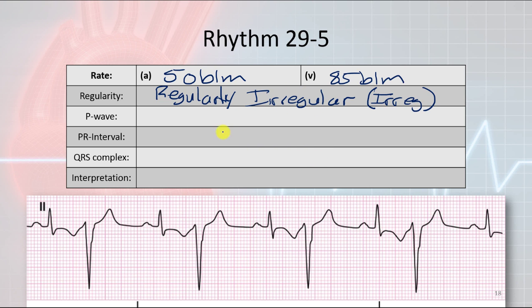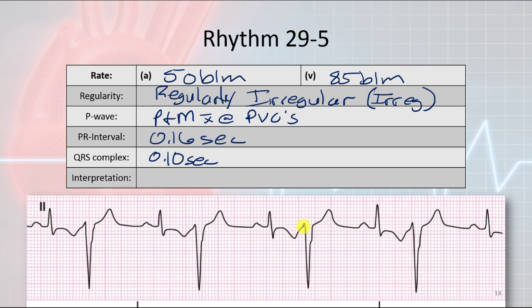P waves. When it has P waves, they are present and married, except at the PVCs. PR intervals, when we have a PR interval, we have a 1, 2, 3, about a 4, so 0.16 second. QRS complexes, the normal QRS complexes look to be about 1, 2.5, so 0.10 second.